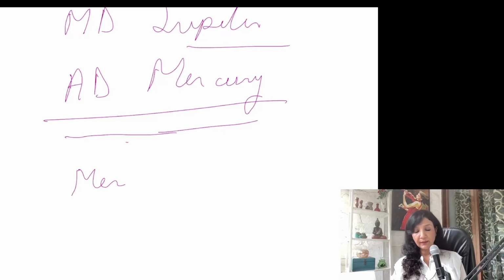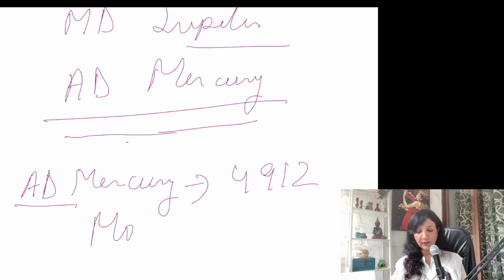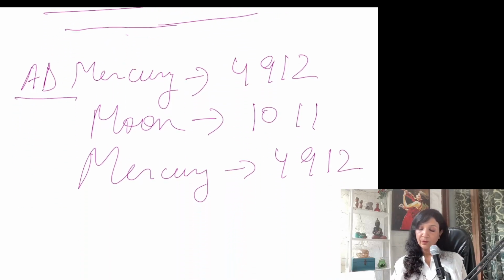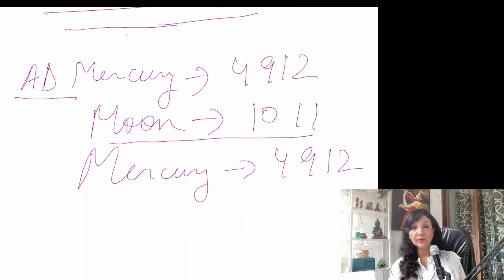Now Antardasha Mercury. Let's write the script over here. Mercury says 4, 9, 12. Mercury is in Moon star. So we will check Moon in Bhav Chalit chart. Where is it posited?